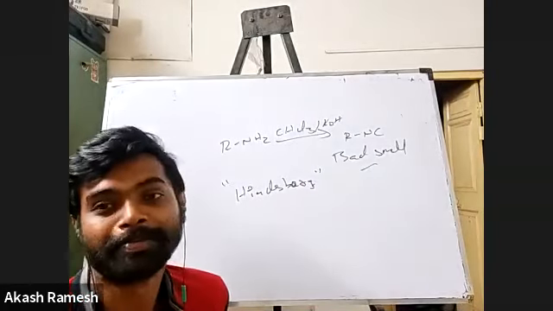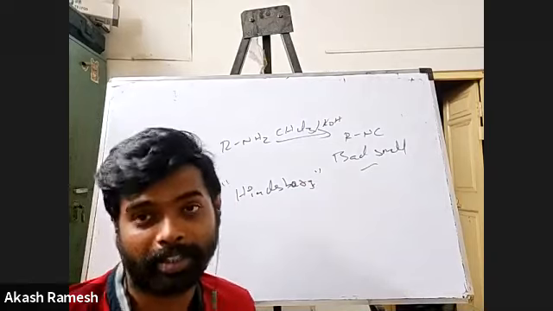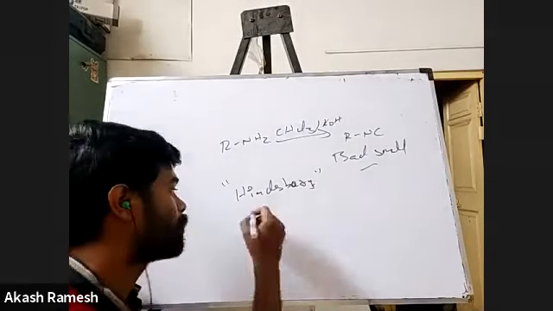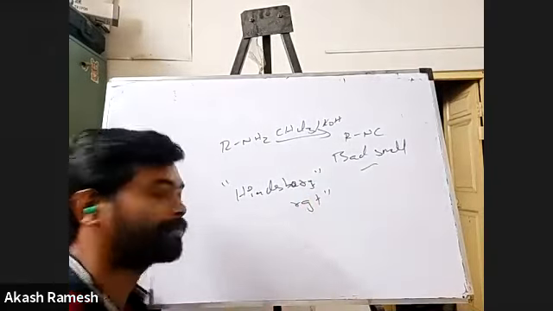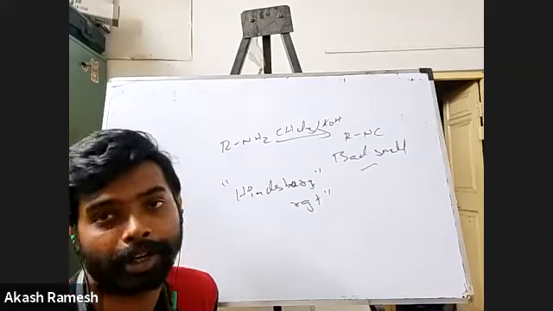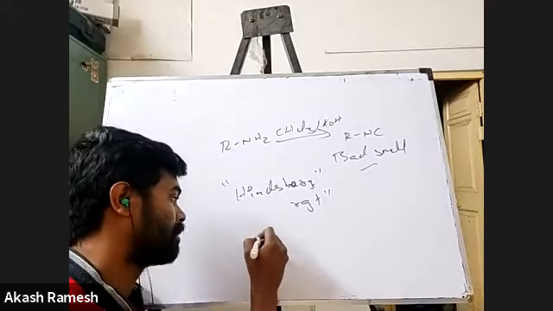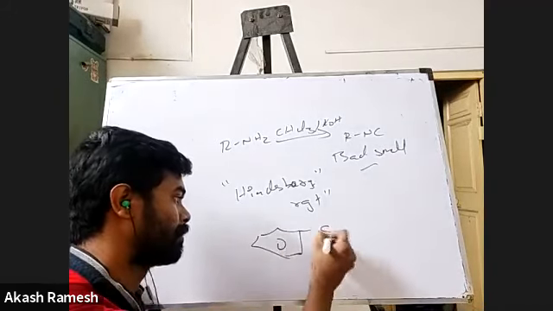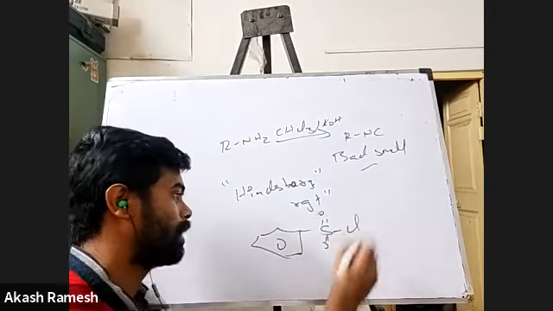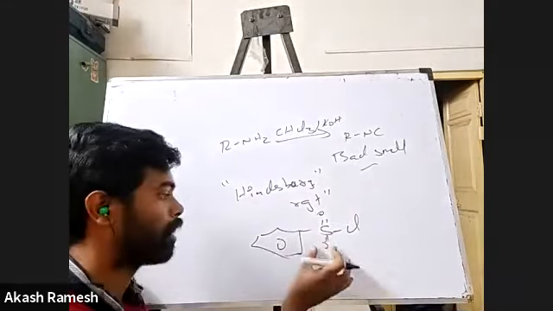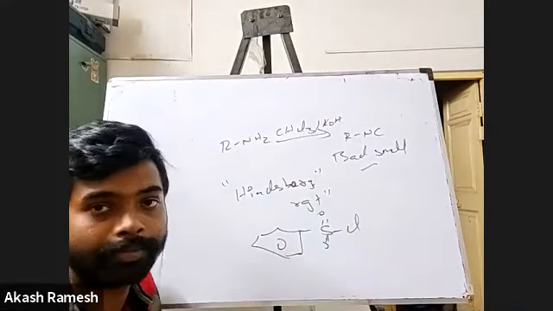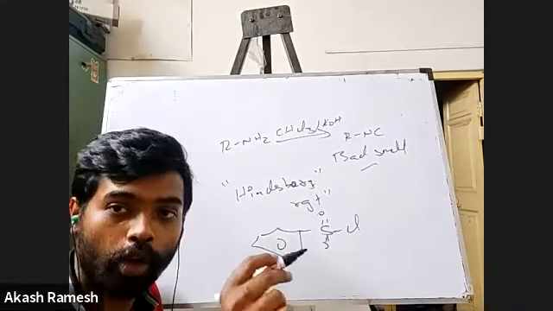Okay, so in the Hinsberg test, what is this Hinsberg reagent? Benzyl sulfonyl chloride. Right, it's not benzyl, it's benzene sulfonyl chloride, right? So it is something like this, S double bond O and a Cl. Benzene sulfonyl chloride, C6H5SO2Cl.